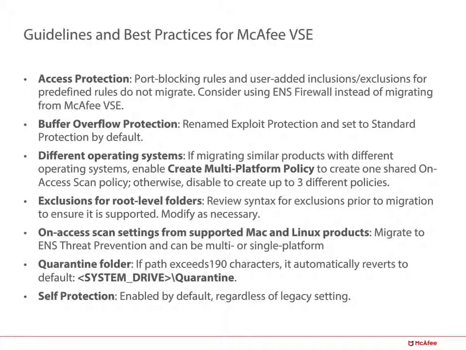A good example of a pre-existing access protection rule in VirusScan was a port blocking rule that didn't allow any client to email out SMTP from the machine unless it was a valid email client. That rule doesn't exist anymore because the concept is that you should use the firewall to prevent a product from using SMTP email out unless it is the correct client product.